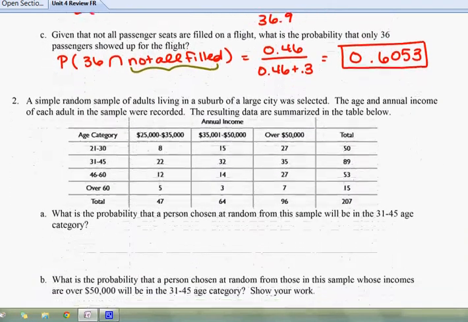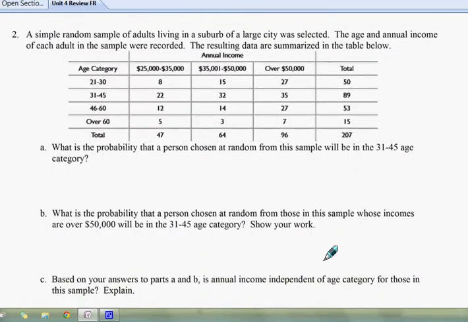As we move along, number 2, we have a categorical table here where we're fitting into multiple categories. And number 2A is asking for what's the probability that a person chosen at random will be in the 31 to 45 age group. Well, the 31 to 45 age group is this one right here.